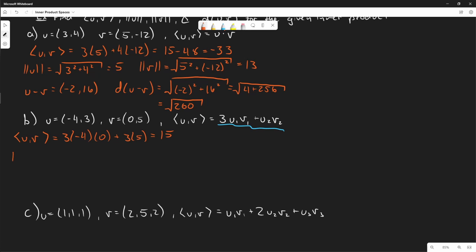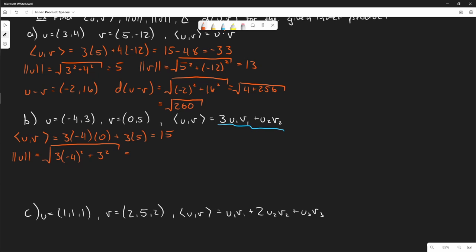Our magnitude, well, not the magnitude, I mean, the square root of the inner product of itself. So this would be 3 times -4 squared plus 3 squared.